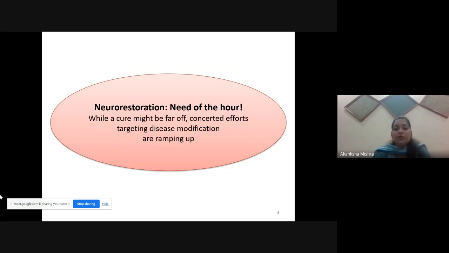So we have to come together as a community and try to find the cure of this Parkinson's disease. And people are doing that. There are various clinical trials under the pipeline, and we are getting success also. But still, there is no marketed drug through which we can achieve this neurorestoration.